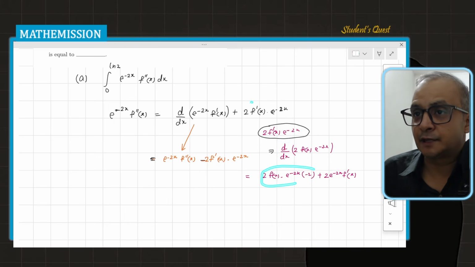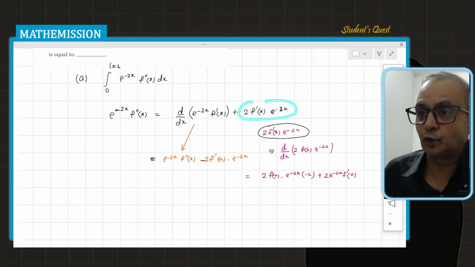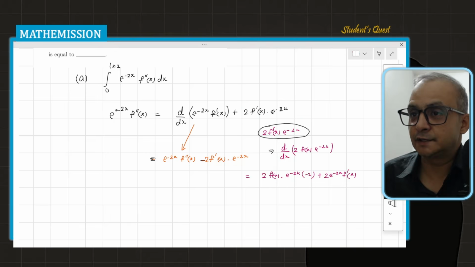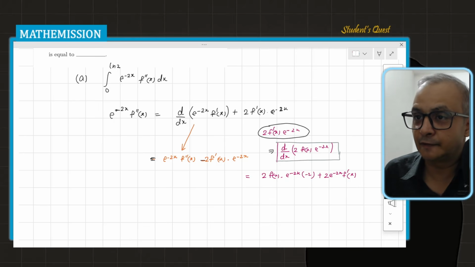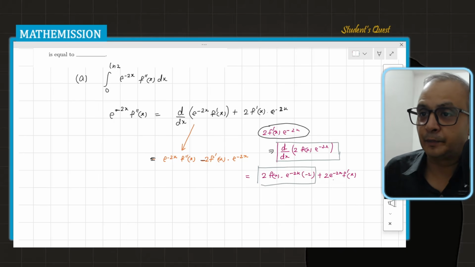It means at the place of this value I'm going to substitute two things together. What are those two things? Let me just box it. This part, I mean the derivative of this, and this thing. So of course this will become this and plus this, because this will go this side, so this will become plus. I hope you understood.